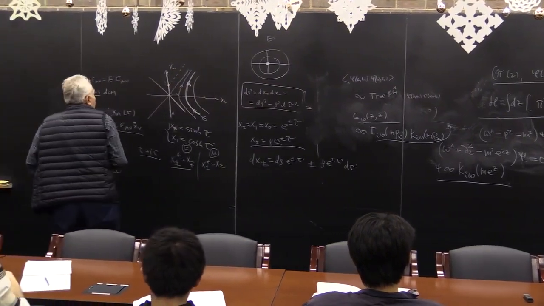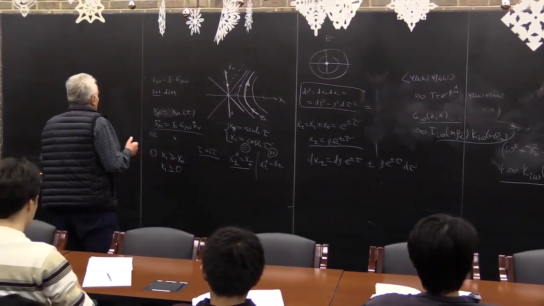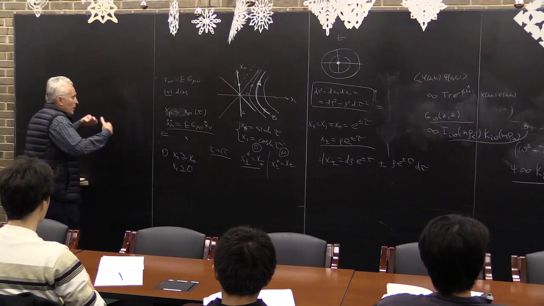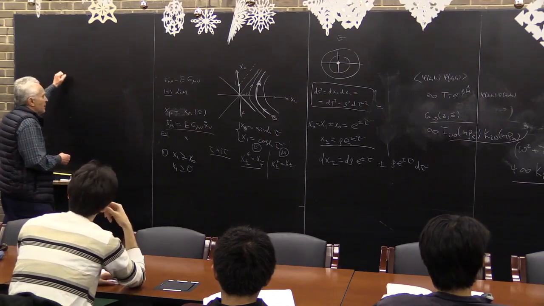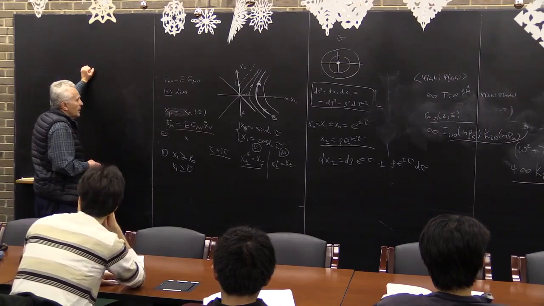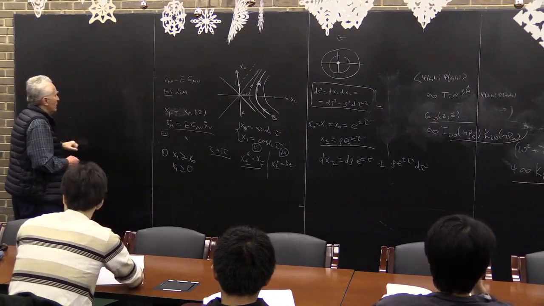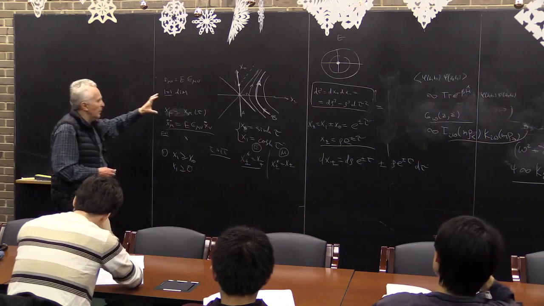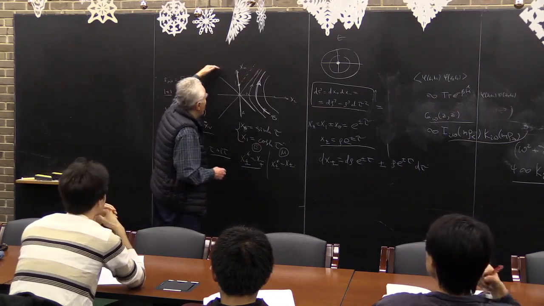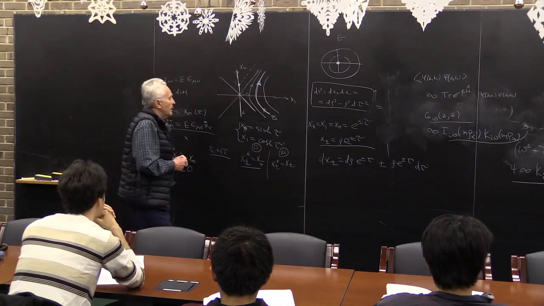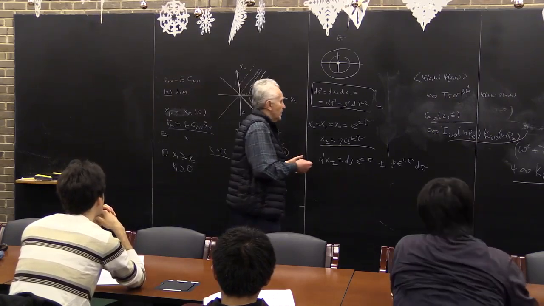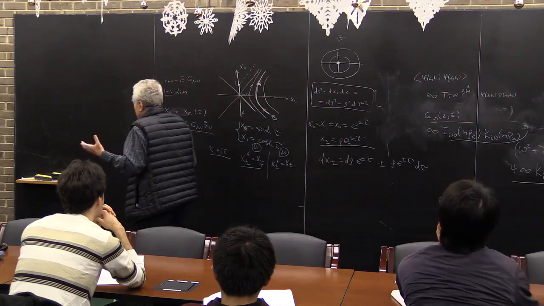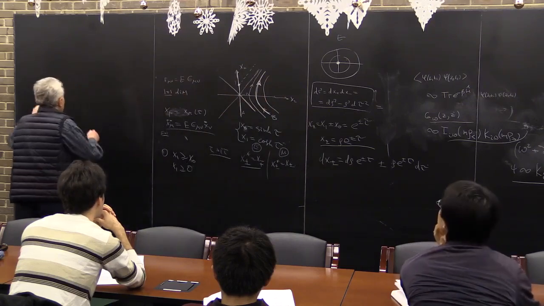Okay, now let me formulate what I call the correct result. That may partially answer your question. Let's suppose that we are in the complete space, and let's assume that this complete space is in the ground state.